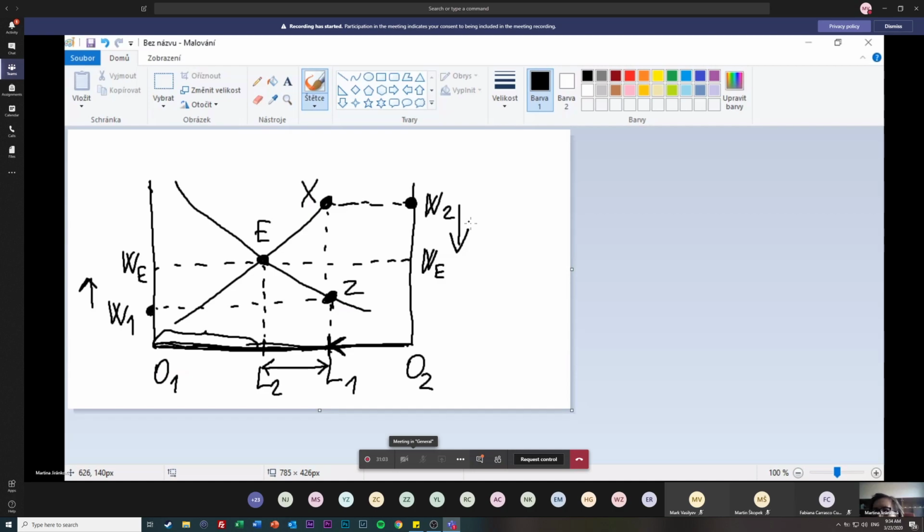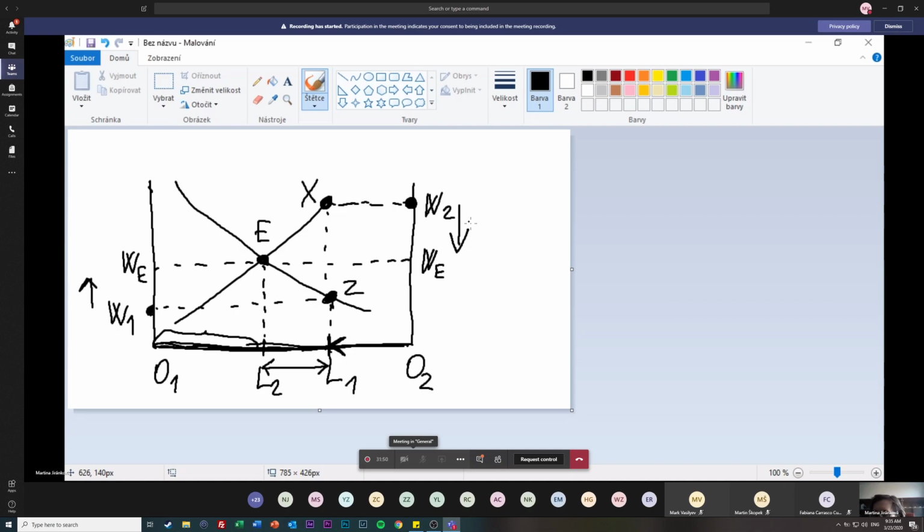The second country is at the point X. It has O2, L1 workers, and their wage is O2, W2. So this was the situation before migration.